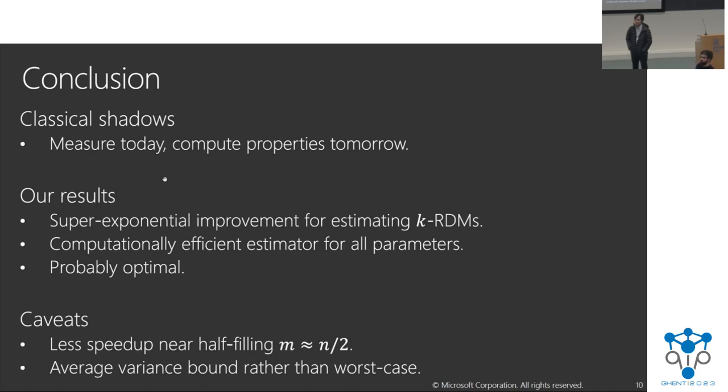So in that case, I would expect that you would restrict the matchgate group. Can you still construct the inverse channel for the measurement? So my question is, if you know that there is some symmetry in the ground state you have, can you also further restrict the matchgate group?